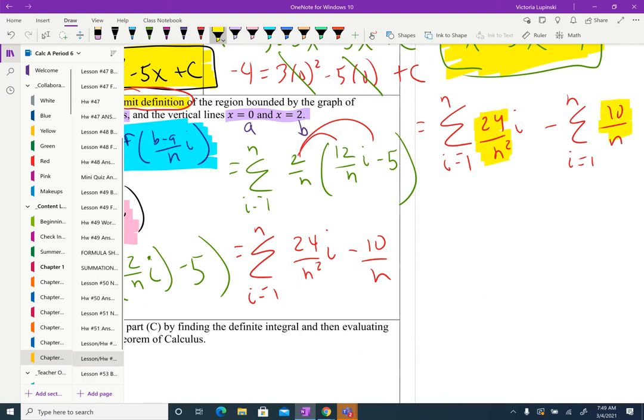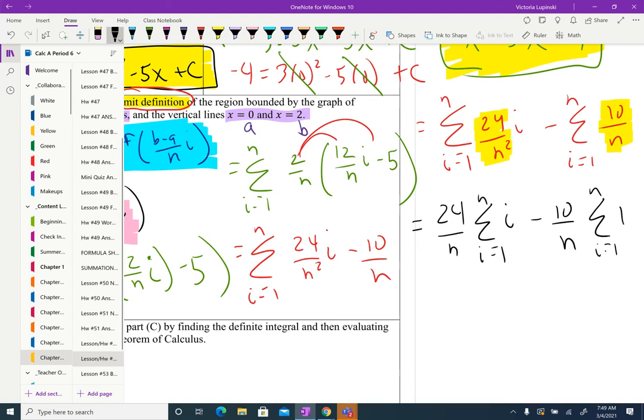The constant from the second value is the whole thing. So if I factor out 24 over n squared, this is now the sum from 1 to n of i. If I factor out the whole 10 over n, this is now the sum from 1 to n of just 1. Any questions up to here?